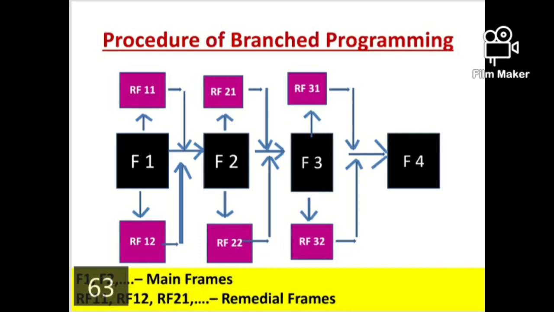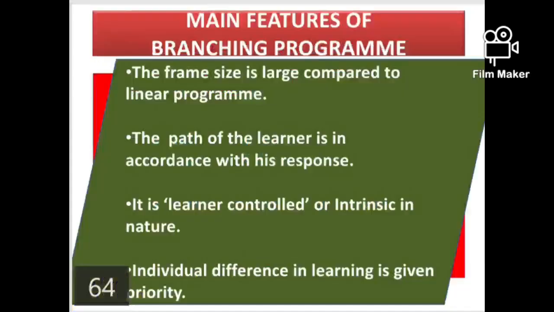Similarly, RF21 and RF22 correspond to the remedial frames of the main frame F2 and so on. Main features of branching program. The frame size is large compared to linear program. The path of the learner is in accordance with his response. It is learner controlled or intrinsic in nature. Individual difference in learning is given priority.